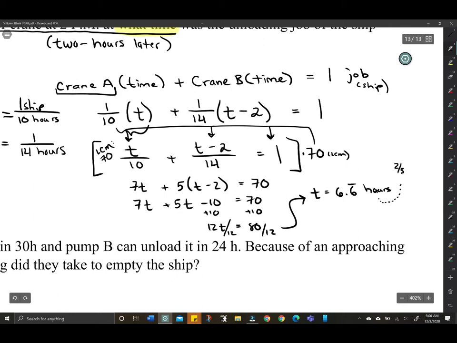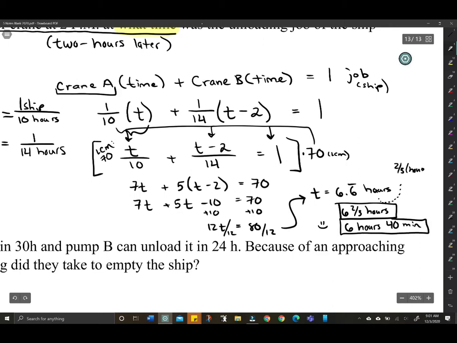Or you can say 6 2/3 hours. If you really want to be fancy, you can think of it as 6 hours and 40 minutes. Okay, any of those I will appreciate as an answer. 6 2/3 hours or 6 hours 40 minutes. Either one is fine. So setting it up, I know it's a little confusing, but we'll get through it.